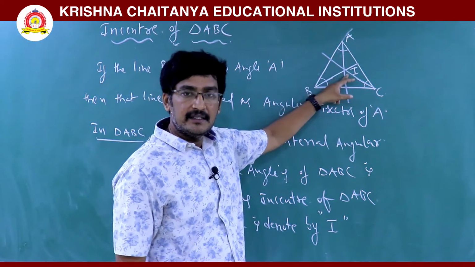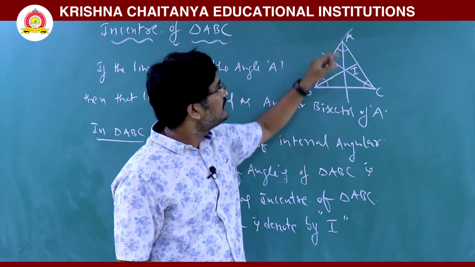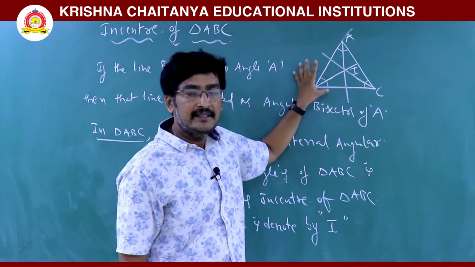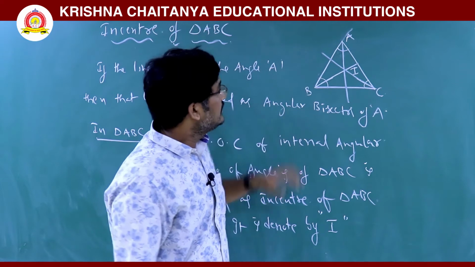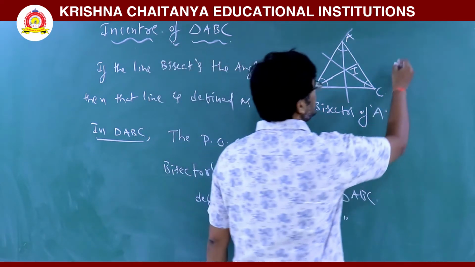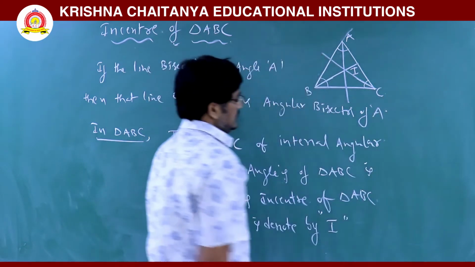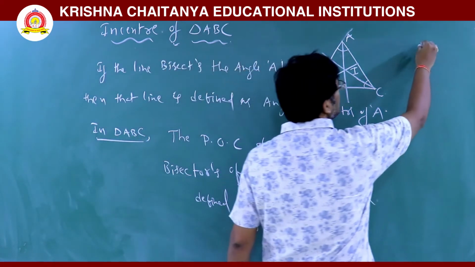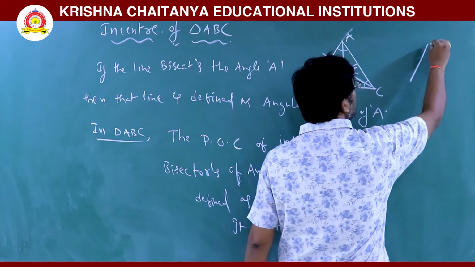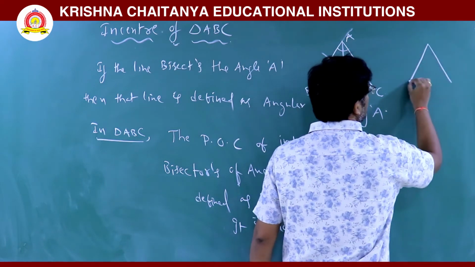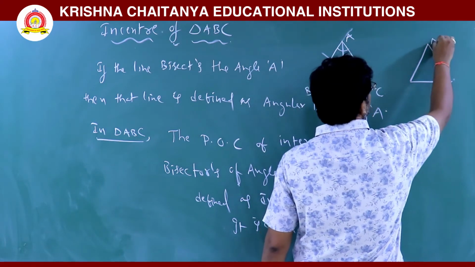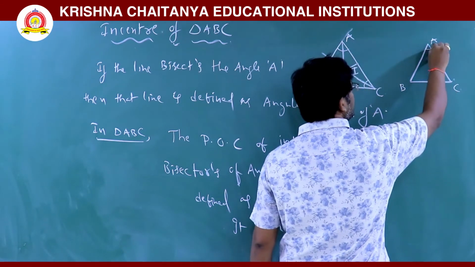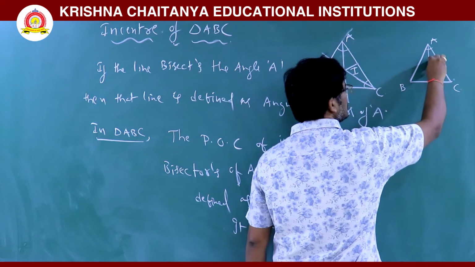This is the incenter, which is the point of concurrency of the angular bisectors of angle A, angle B, angle C in this triangle. Okay, now listen to me. See here: A, B, C. This is the angle A, this is the bisector.